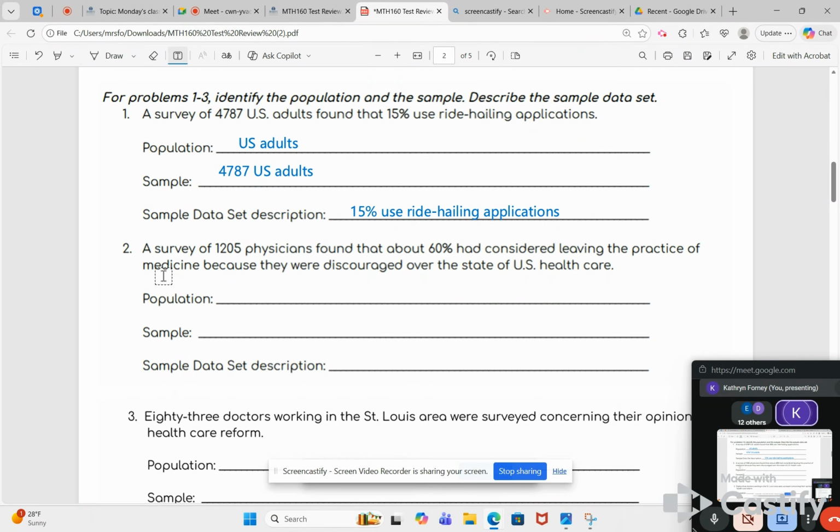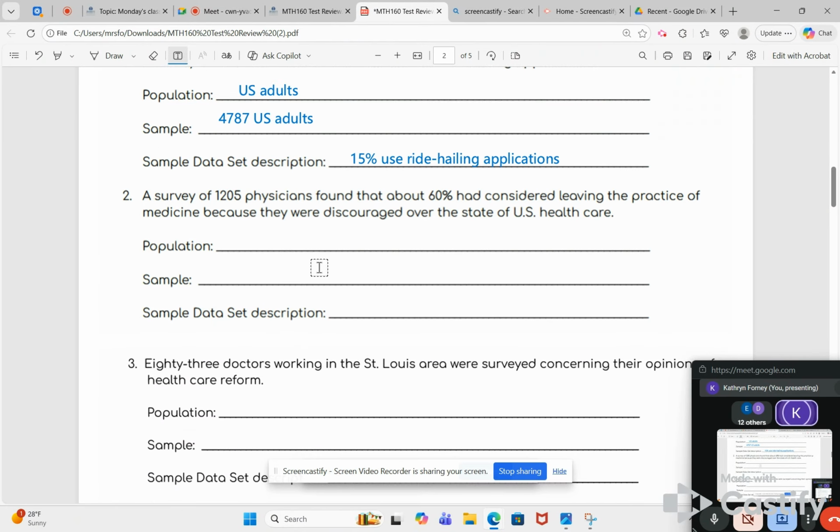All right, the next one says a survey of 1,205 physicians found that about 60% had considered leaving the practice of medicine because they were discouraged over the state of U.S. healthcare. So the population comes from physicians, and the sample is the actual number of physicians.